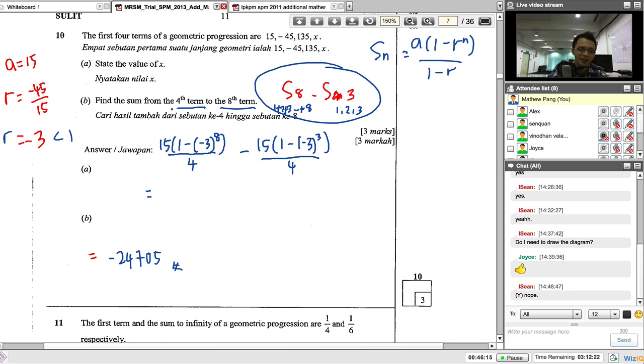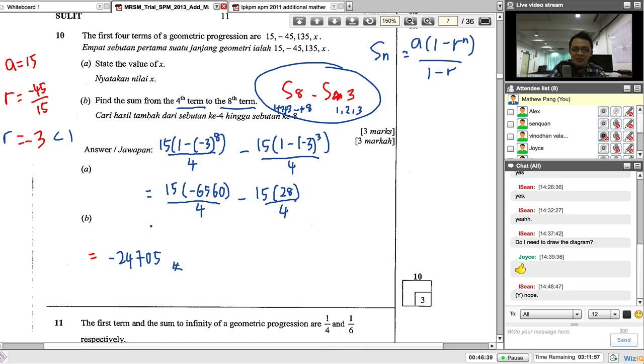Right, let me use a calculator for this one. So 3 to the power of 8. Okay, so 15 times 1 minus this one, so this multiplied by -6560 over 4, minus this one. 3 to the power of 3 is 27. 1 minus -27, so it's 28, because this one will become plus. 28 over 4.